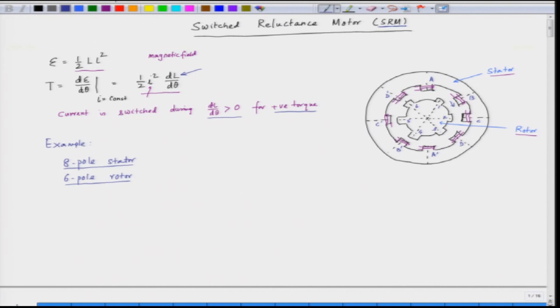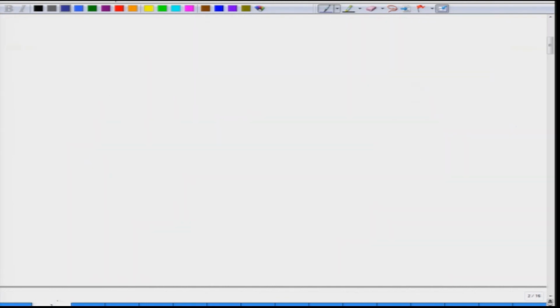So, for the specification, we will be discussing the construction of a typical switched reluctance motor, SRM.